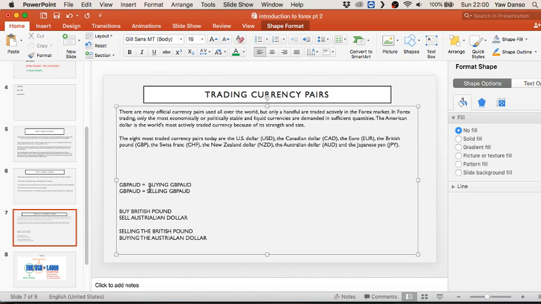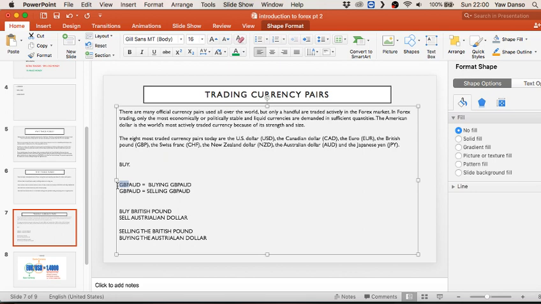So, in short, if I say I'm buying this pair, automatically in my head, I know I'm buying British pound and selling Australian dollar. If I am selling this pair, in my head, I know I am buying the Australian dollar and selling the British pound. So when you buy, what you're doing is you're buying the first currency, and it could be any of them.